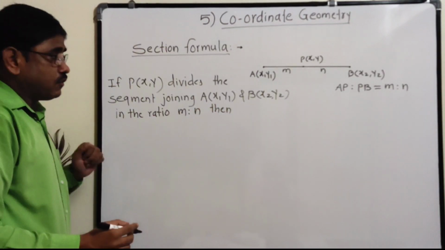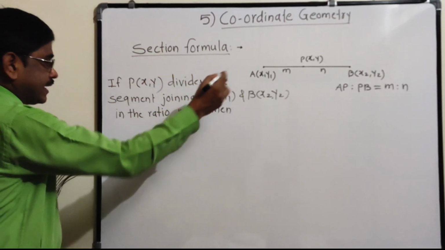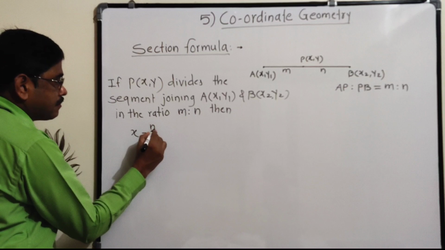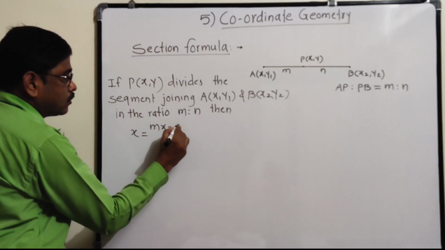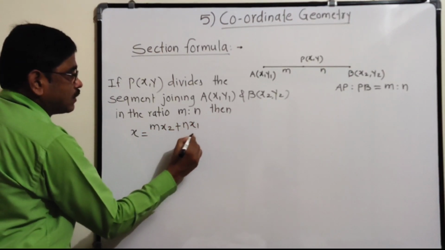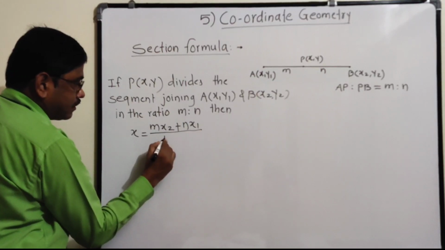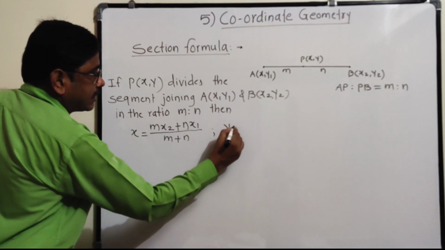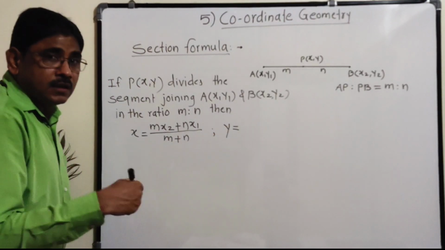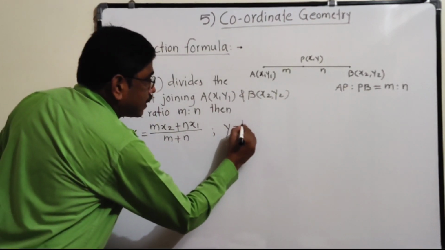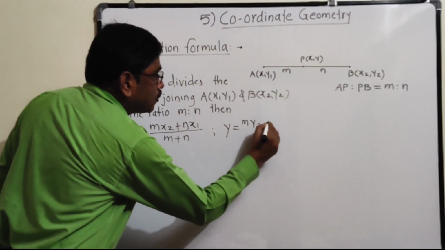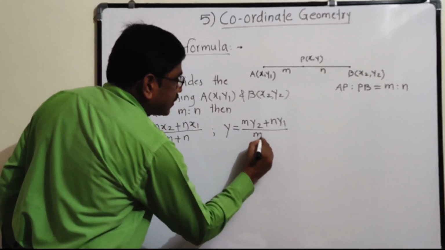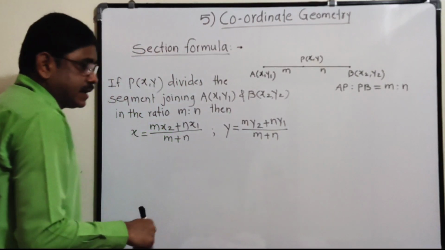by the section formula we can write the x coordinate of P is (m x2 + n x1) divided by (m + n), and the y coordinate, how will we get it? The y coordinate is (m y2 + n y1) divided by (m + n).